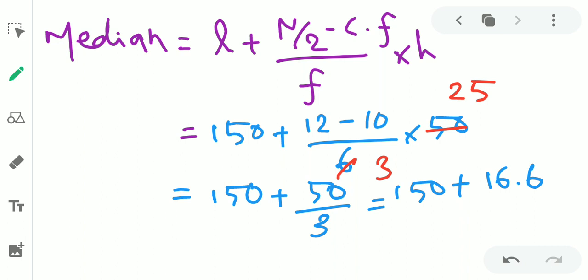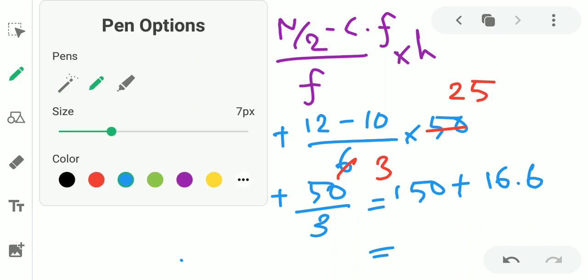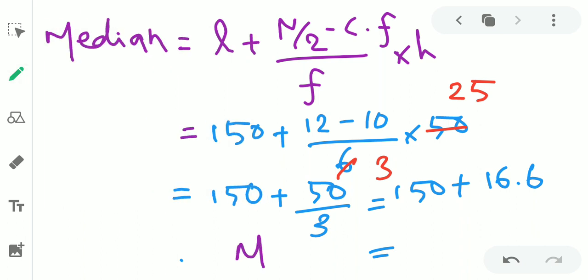So now we will conclude that the median, sorry, yeah, we can add like this 16.6.